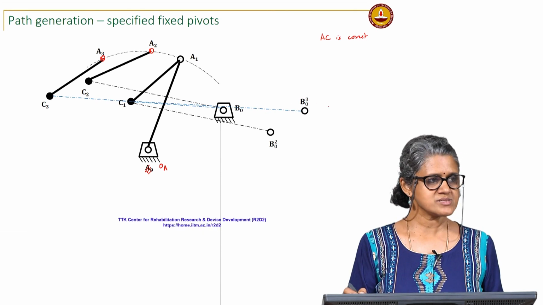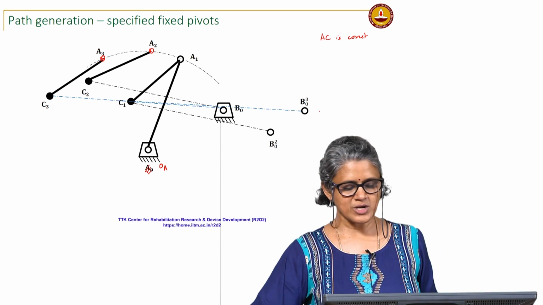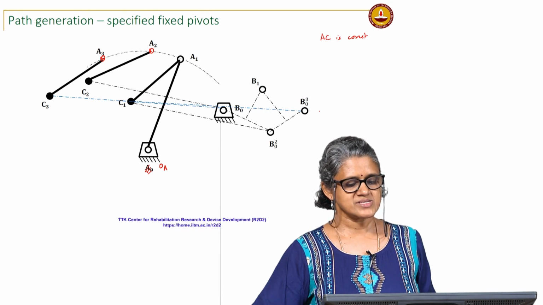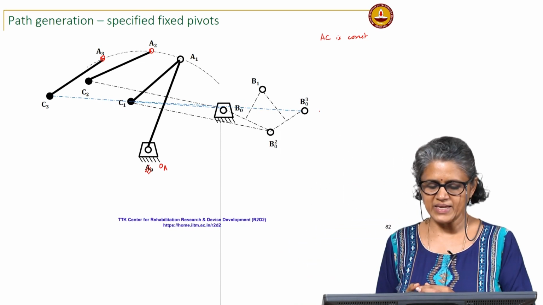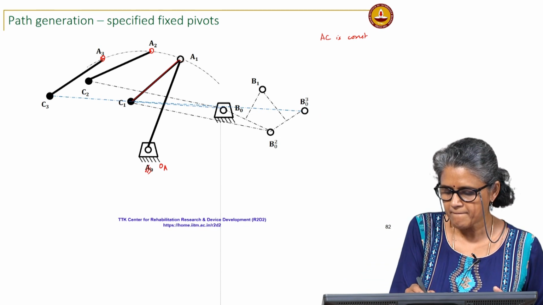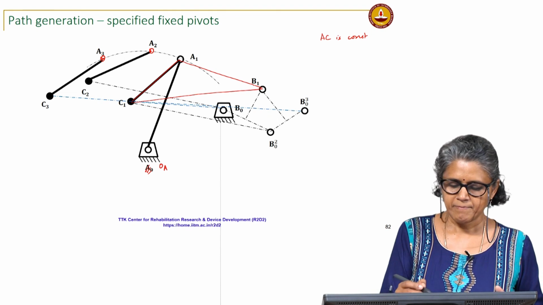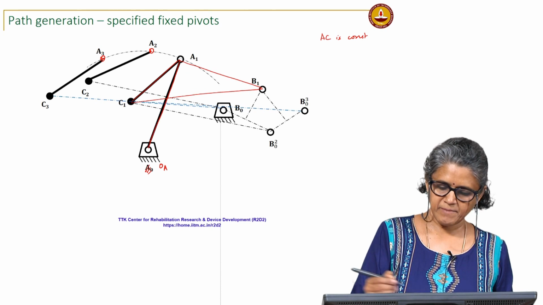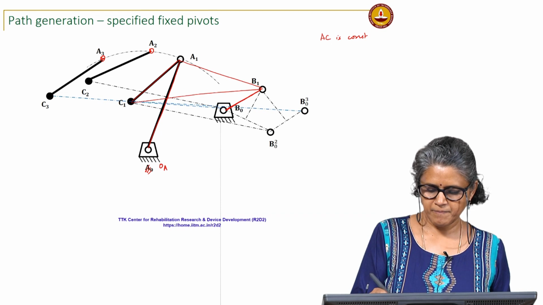these 3 points should lie on a circle, so the usual, draw the perpendicular bisectors, find the center of that, and that gives me B1. So, my linkage is pivoted at A1 and B1.